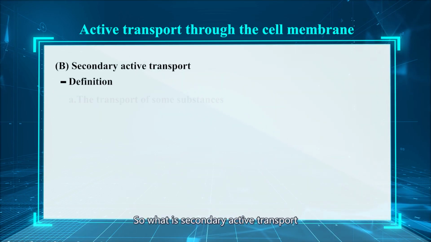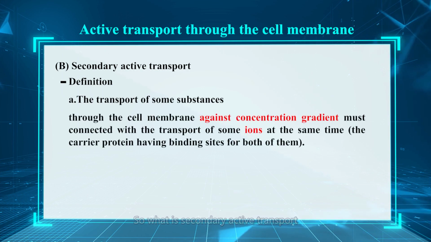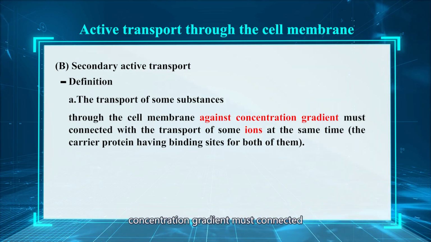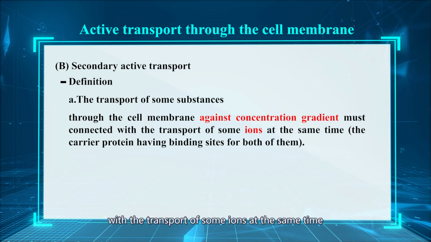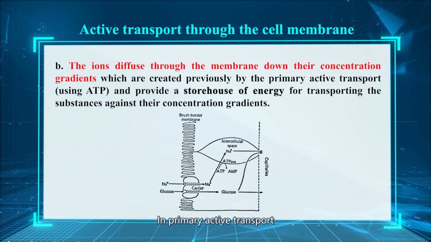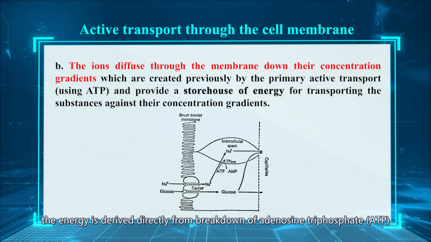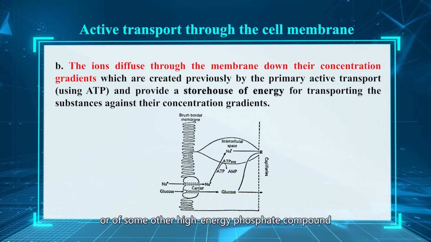So, what is secondary active transport? The transport of some substances through the cell membrane against the concentration gradient must be connected with the transport of some ions at the same time. In primary active transport, the energy is derived directly from breakdown of ATP or of some other high-energy phosphate compound.